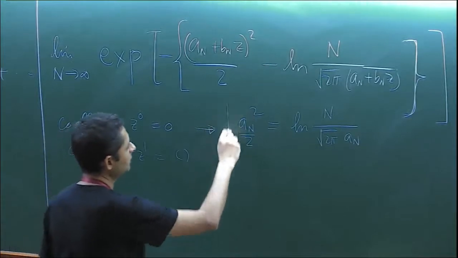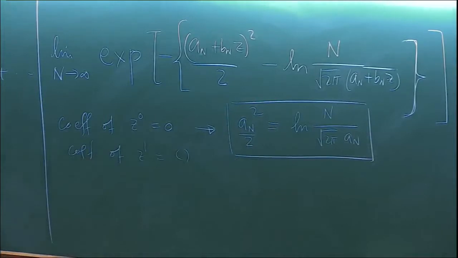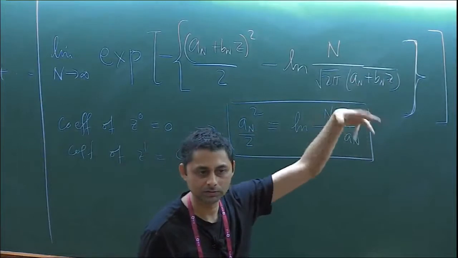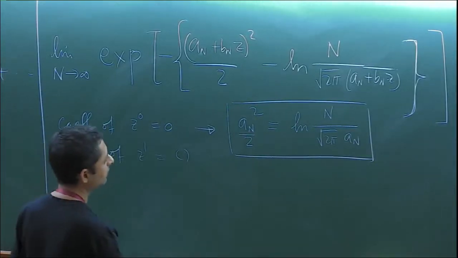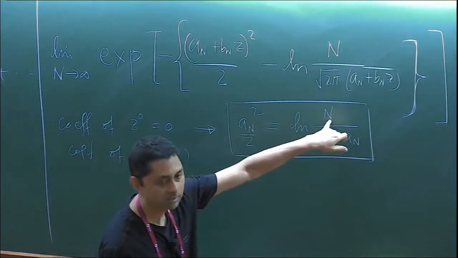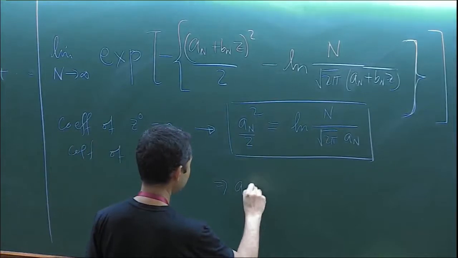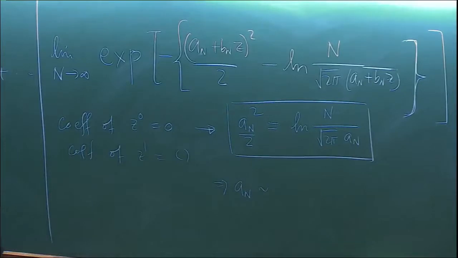So this equation determines an, because if you know how to expand this, it's like 1 over 1 plus x. You expand, you have all the coefficients, so this will give you an. What is the coefficient of z to the power 1? Similarly, you can find it from here. Roughly you can see that an goes like, to the leading order, how does an go?